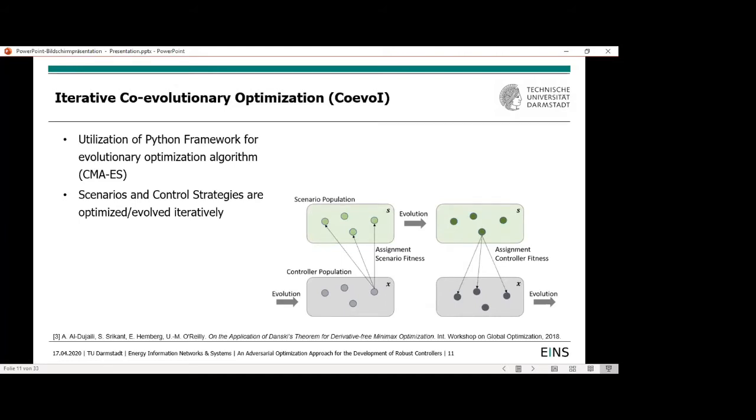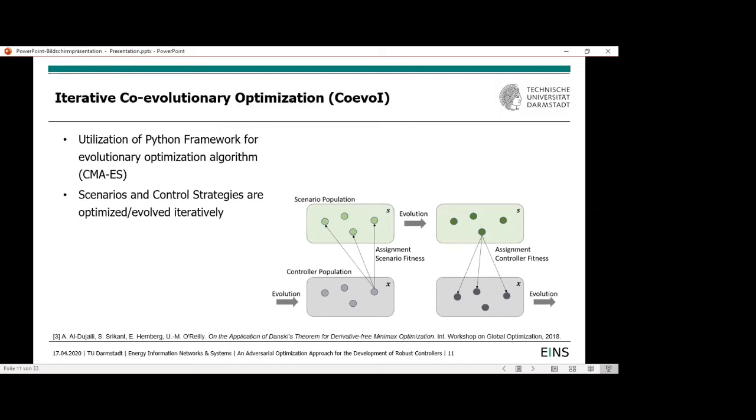For this first method, the scenario and controller populations are evolved iteratively, where the scenario population consists of the scenario vectors, and similarly the control strategy population consists of the parameter vectors X. Starting with the current best individual in the controller population, which in this example could be this one, in an iteration step severe scenarios are identified for that specific control strategy.